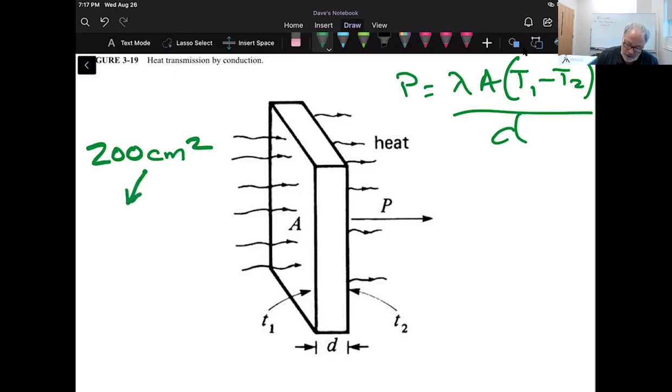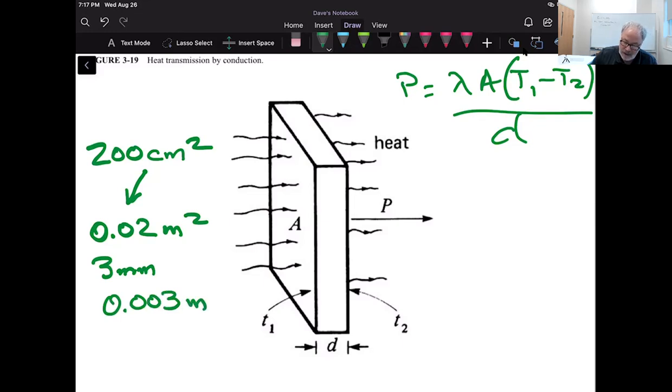So to put this in the proper form to fit our equation, which needs to be in square meters, we determined that this would be 0.02 meters squared. And then the other thing is the thickness is 3 millimeters, and the 3 millimeters in meters would just be that divided by 1,000, or 0.003. Okay, so that gives us everything that we need to know.